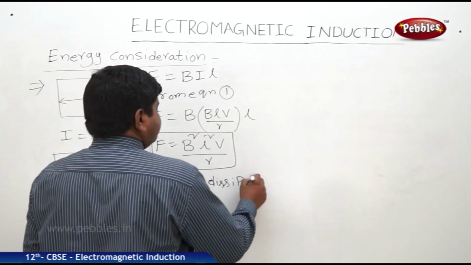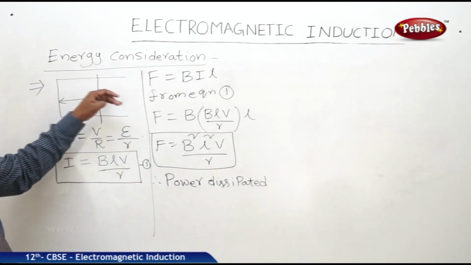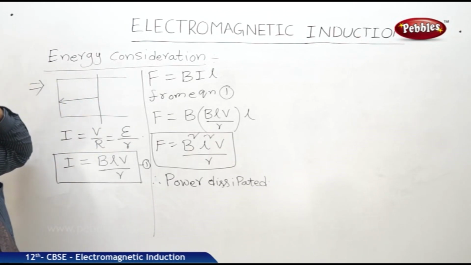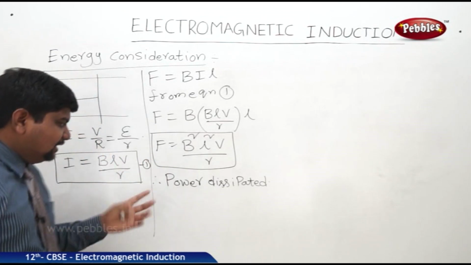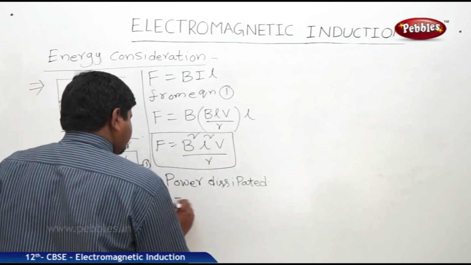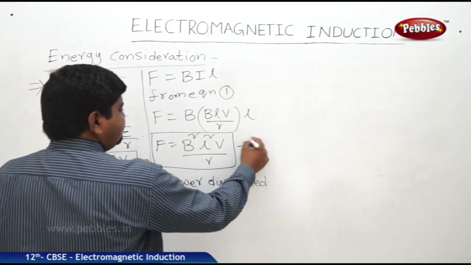Now, how much is the power dissipated in case of this one? Means the power dissipated when a conducting rod which is moving in the magnetic field to the opposite direction of the magnetic field, or to overcome the magnetic field, power dissipation P is equal to, we can write FV. So let us say this is equation 2.